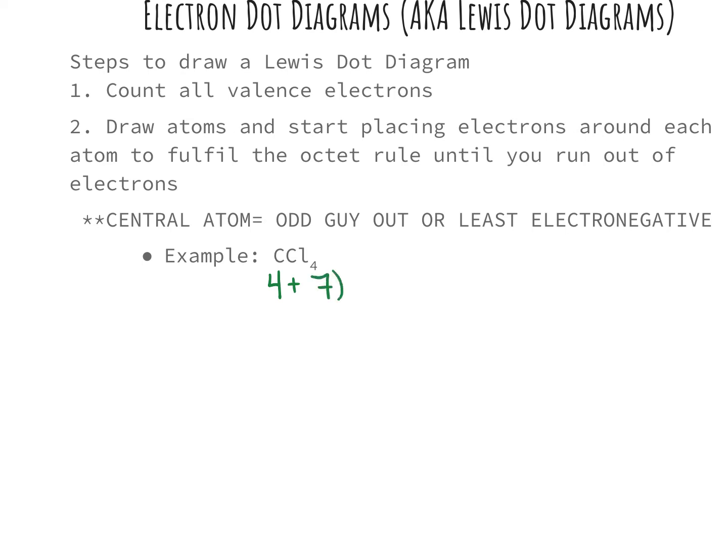And how many chlorines are there? 4. So I'm going to multiply that by 4, and then we just add them up. What's 7 times 4? 28, plus 4. So when carbon and 4 chlorines bond, there's 32 valence electrons that participate in that bonding. When we draw our Lewis structure, we have to show where all 32 electrons are going.